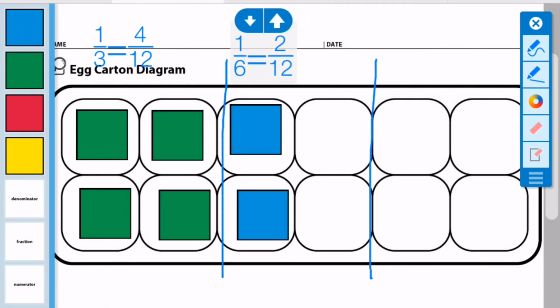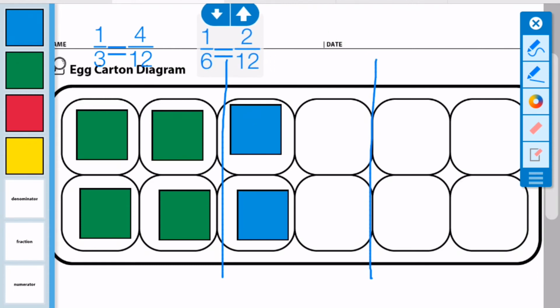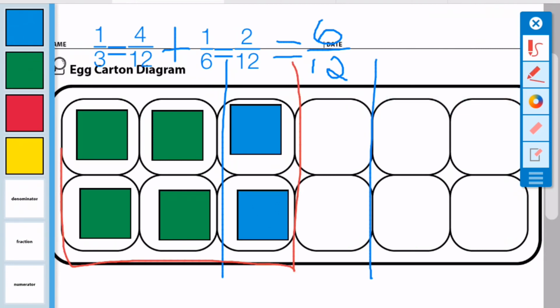So then we can ask the question, how many eggs do you have in all, or what fraction of the carton is full? The students can clearly see that if we add these two, we end up with 6 eggs total, or 6/12 of the carton. And many students will also be able to see that 6/12 is the same as 1/2 of the carton.